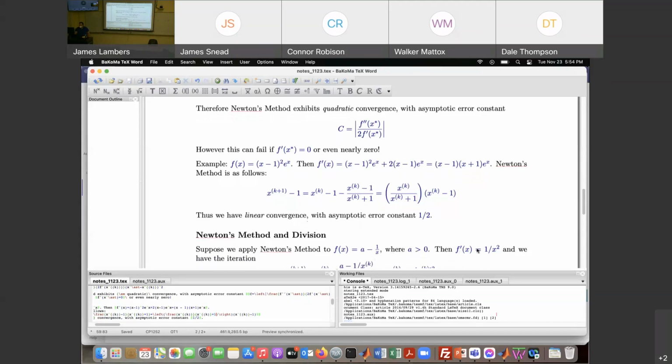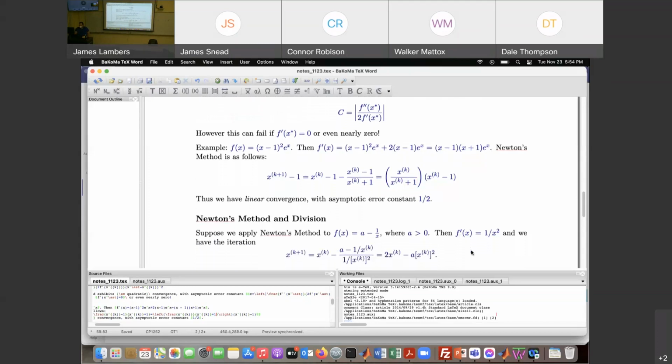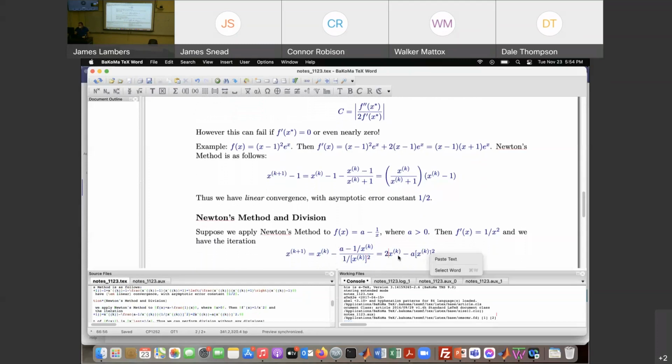So we take the derivative, 1/x squared, and then the formula for Newton's method gives us this. Then we can simplify this quite a bit, and we get this. What's interesting about this process is that this iteration, if it converges, produces the number 1/a without performing any divisions.